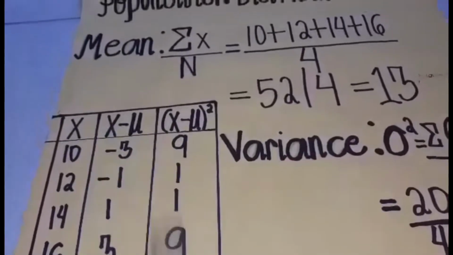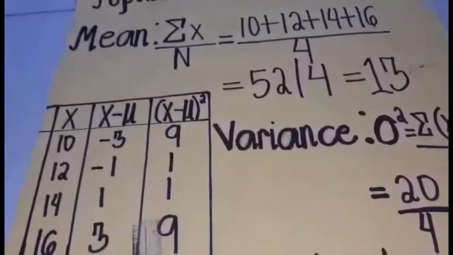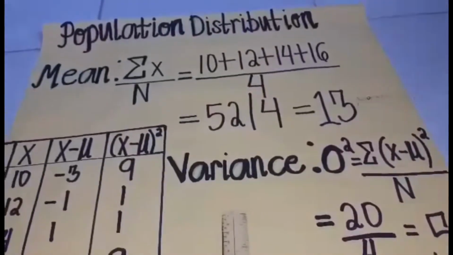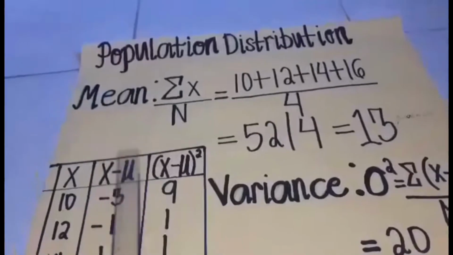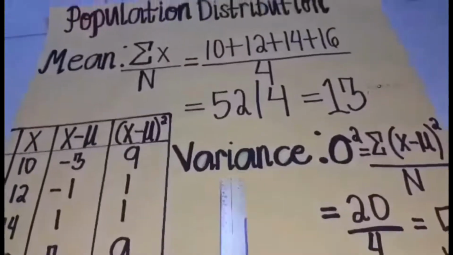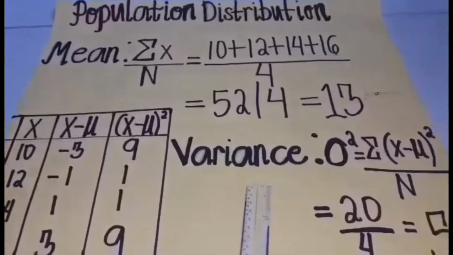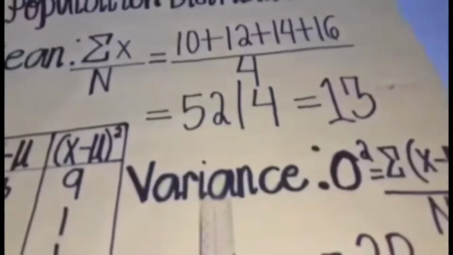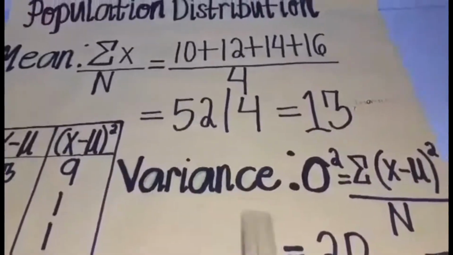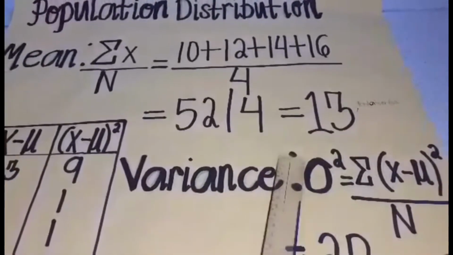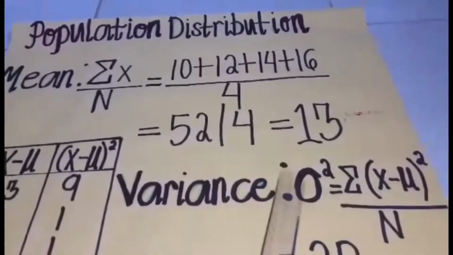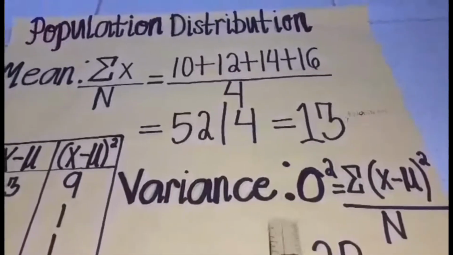So, that's it. And next, to find the variance na. Okay, so kanina nahanap na natin ang ating mean, which is 13, and ngayon naman is ating variance nitong population distribution na to. To get the variance of this population distribution, ang formula nito is sigma squared, the Greek letter sigma with a square.